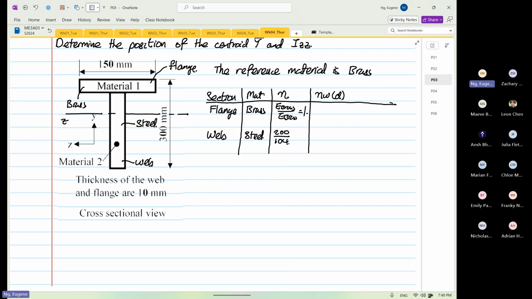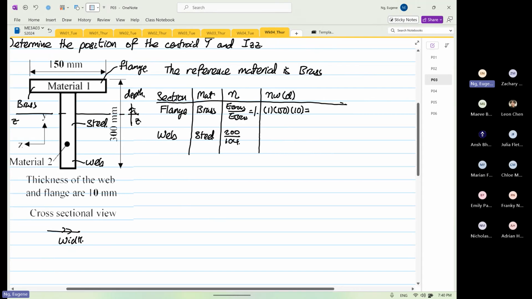So this is our ZZ. When that's the case, this is our width, and when that's the case, this is our depth. For material 1, the width is 1 multiplied by 150, and the depth is 10, so this will be equal to 1500.